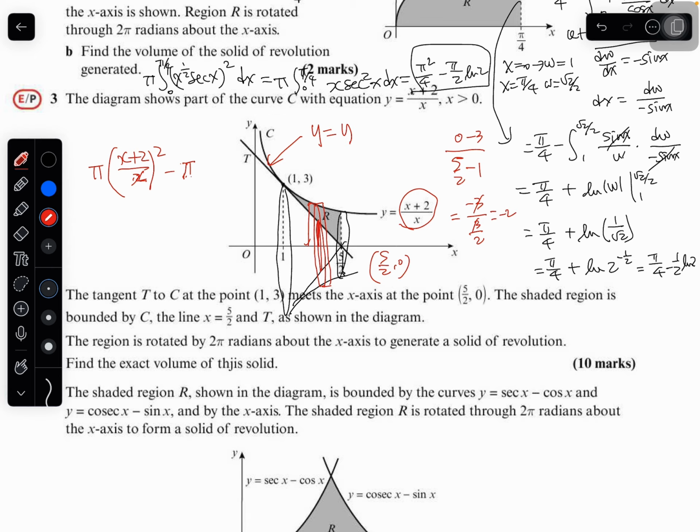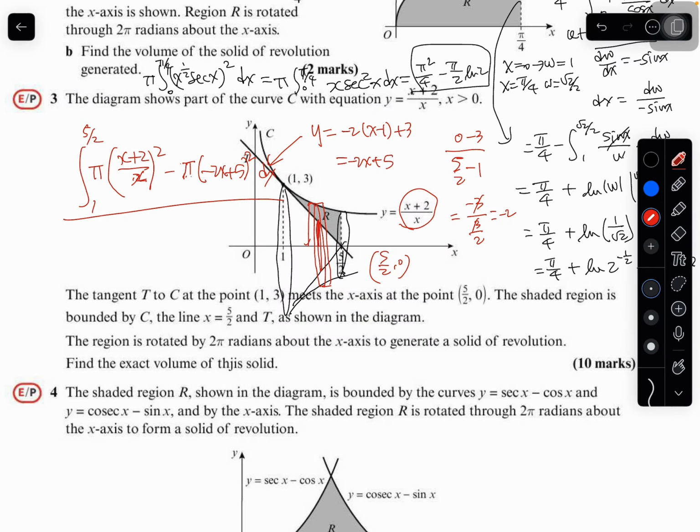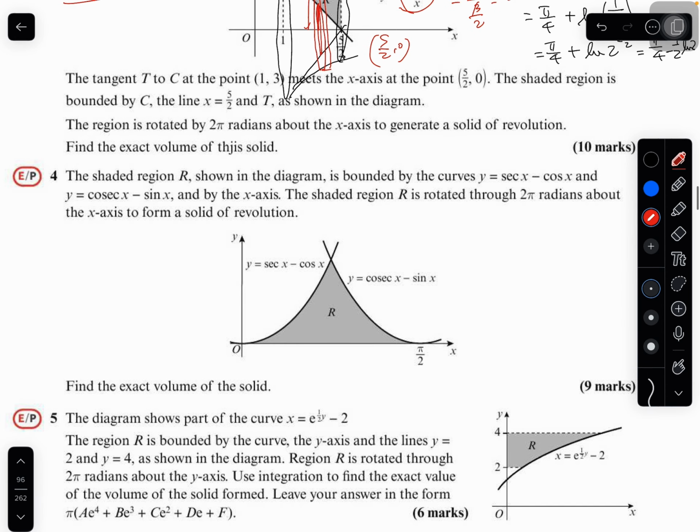So negative 2, y equals negative 2 times x minus 1 plus 3, negative 2x plus 5. So negative 2x plus 5 squared, integral from 1 to 5 over 2 dx. Calculate it, then you will find the answer. And number 4.